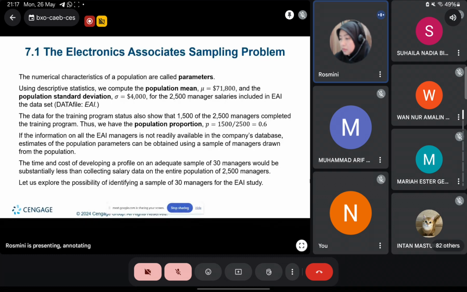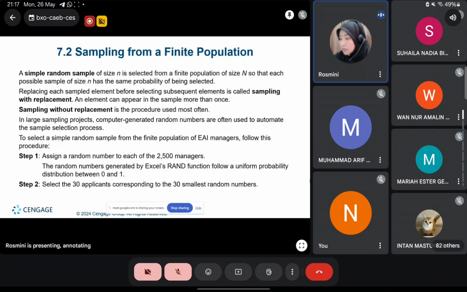So to save time, or because some information cannot be accessed, let's say that out of 2,500, only 30 managers are sampled. In order to find out about the sample of 30 managers out of the 2,500, this is given to you. So this is about how to select. You have 2,500 managers.